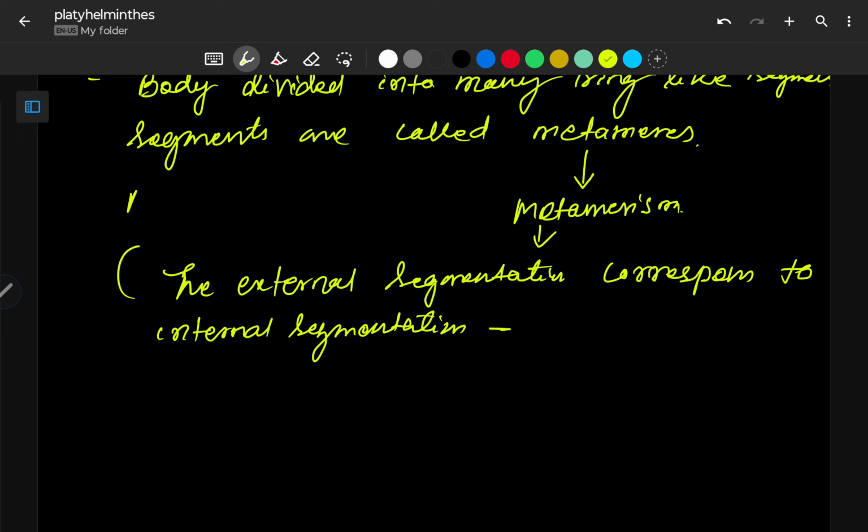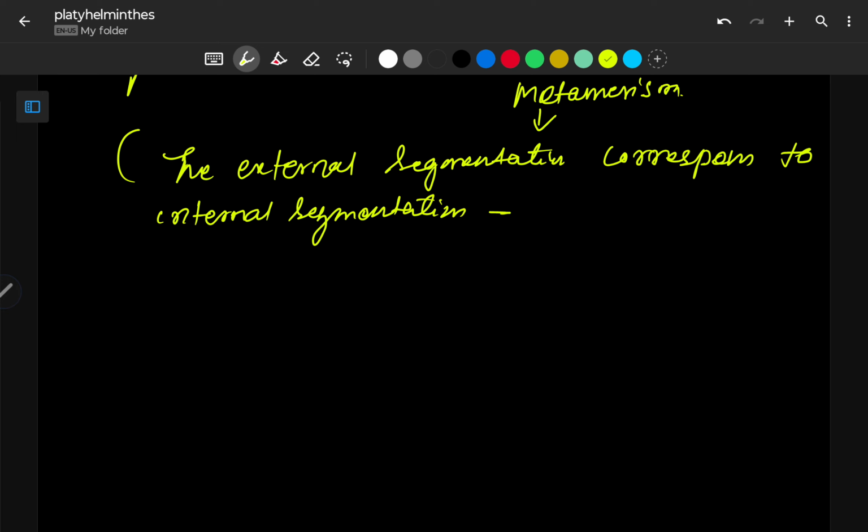That means one or more organs are repeatedly present in each and every segment. So for example, the parapodia, for example the setae, for example the nephridia. So these are some of the organs which are present repeatedly in all segments. Okay, that's why this type of segmentation is known as metameric segmentation.